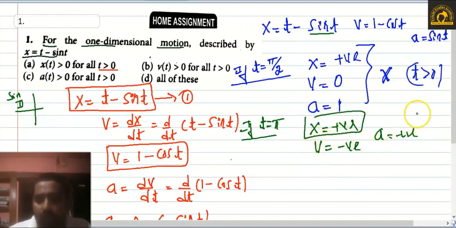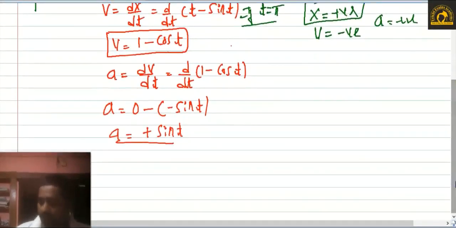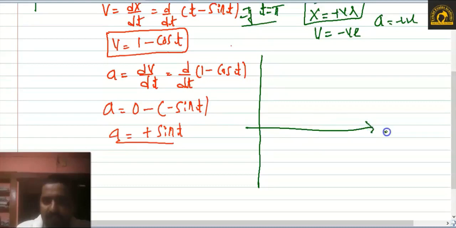Now you have to draw the graph. This axis is t. It is a sine function. The sine function lies between -1 and +1.